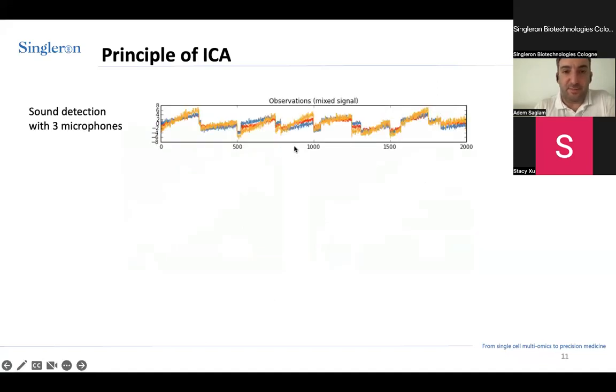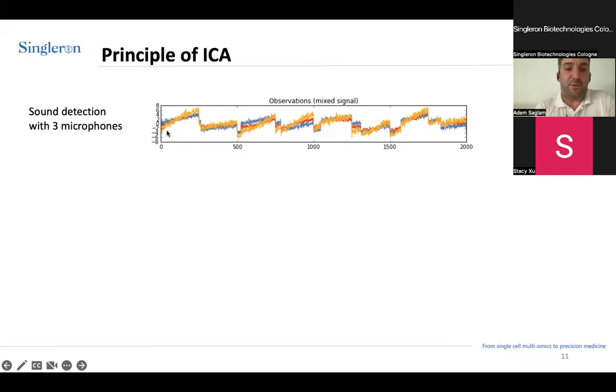Maybe to explain a bit further, ICA has been used to reconstruct sound. Imagine that you have three people talking in a room or three different instruments being played in a room. You would see these three curves, three instruments, and then you have three microphones located in that room that measure the sound signal coming from these three instruments.